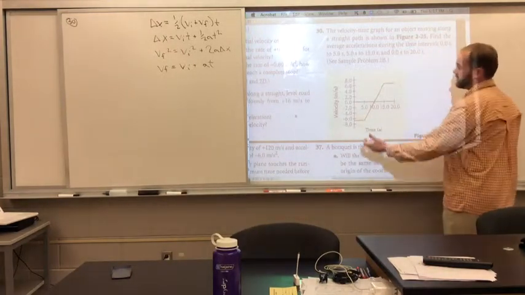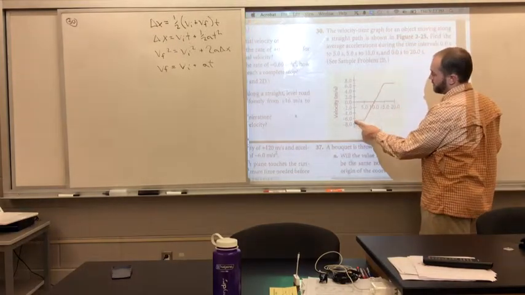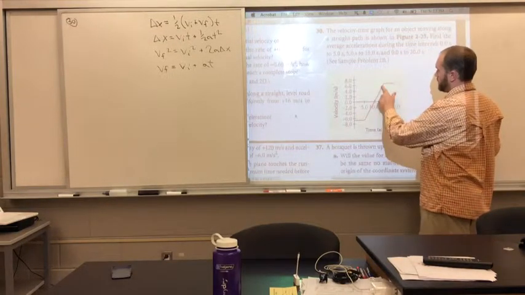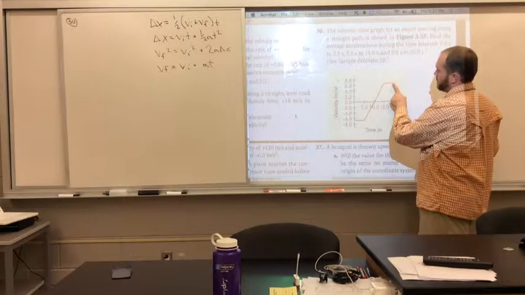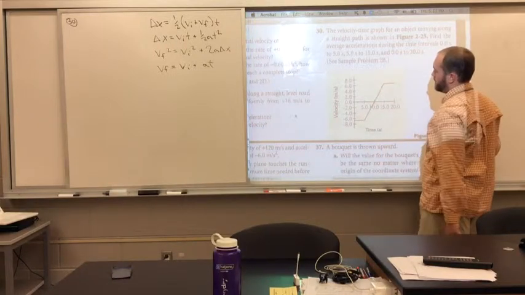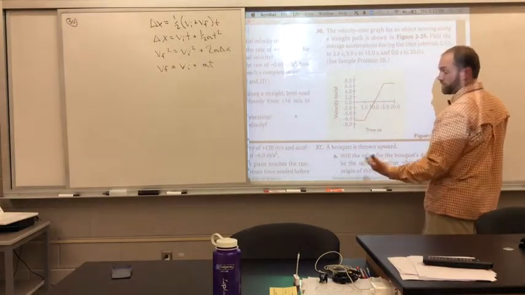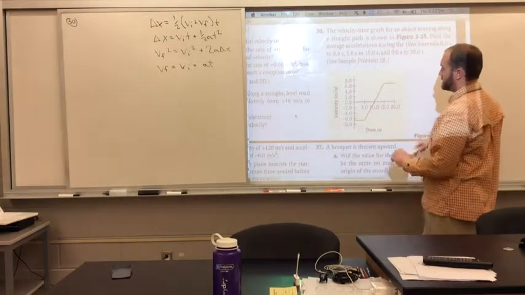And then from 0 to 20, at 0 you're at negative 7, come all the way over to 20, you're at 6. So you changed once again by 13 meters per second. So your change in velocity was 13, but this time it took you 20 seconds.